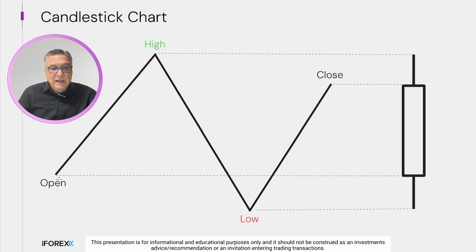Now, if we draw the price action, like the first price of the session, the open price, then let's assume that the price moved higher and recorded the highest price during the session, the high price that is, and then it dropped lower to the lowest price of the session, the low price, and then finally the last price of the session, the close price.